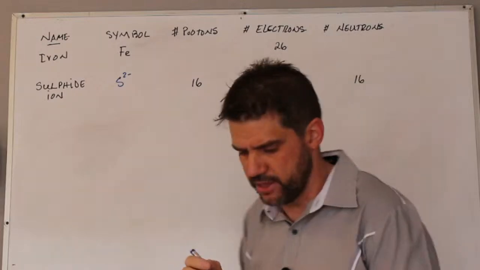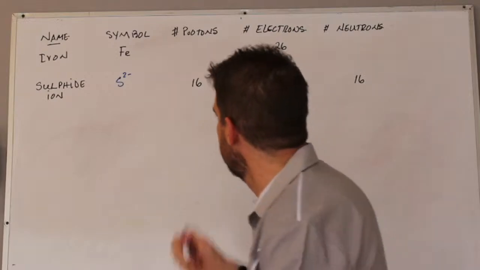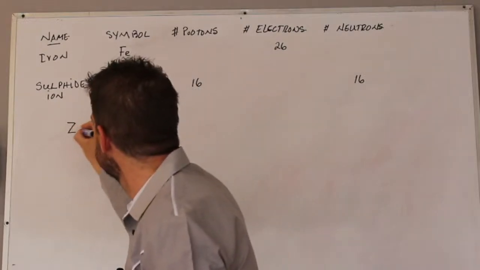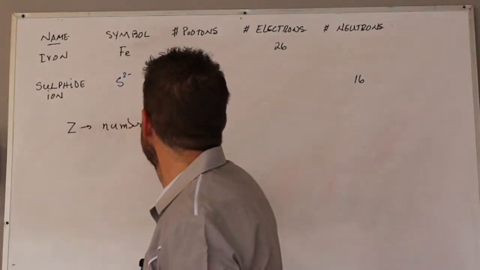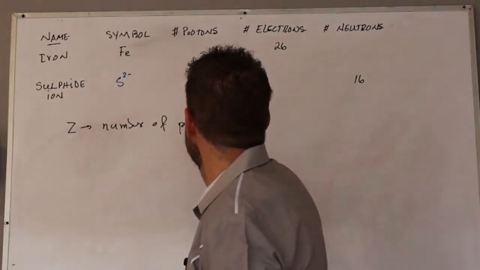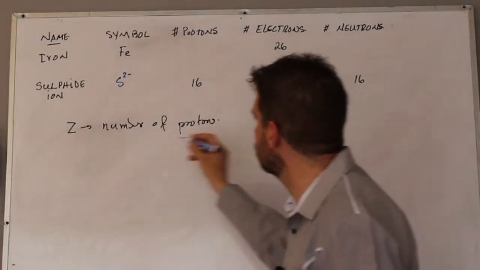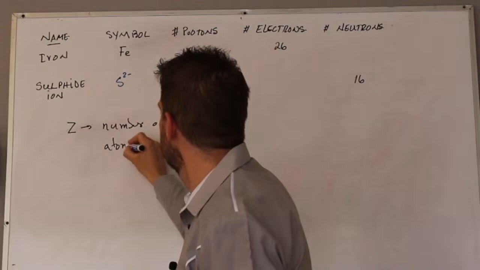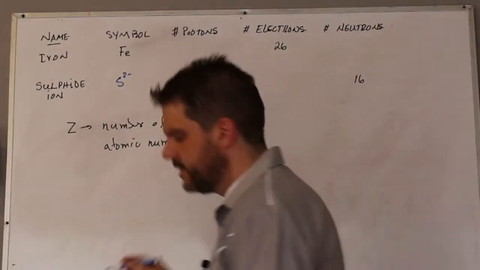Number of protons. The number of protons is what we call atomic number of the element. And it's going to be letter Z. Z is the number of protons. Number of protons. And it's the atomic number. So it is quite simple.